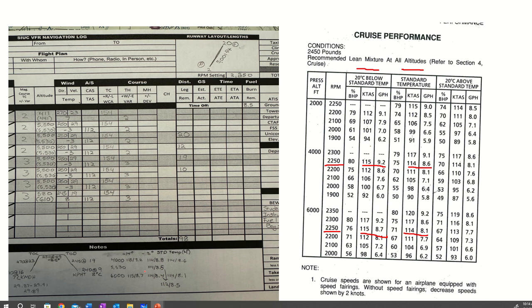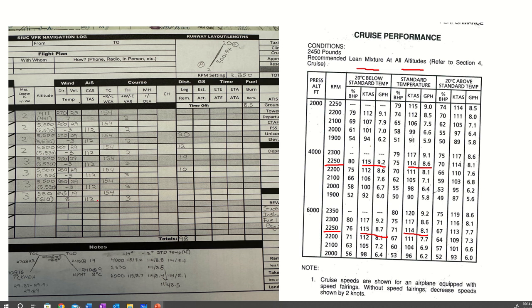I have gone ahead and put the 112 in the lower box for the airspeed for almost every pair of boxes. The first one I've left out because that's going to be my climb, and my airspeed is going to be different during the climb. But I've put 112 here the whole time.